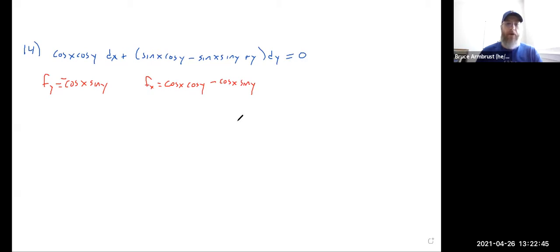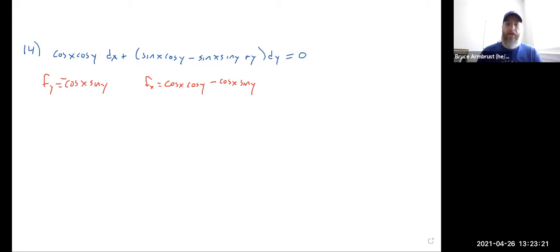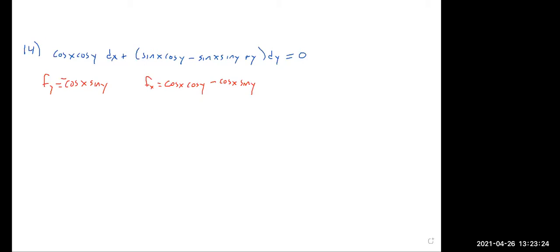All right, so there are those guys. Uh-oh, they're not equal. All right, well, what do we do then? We can do, I guess in your writing, f_y minus f_x over f, I suppose, the one attached to dy, and do some algebra and see if there's only x's left.